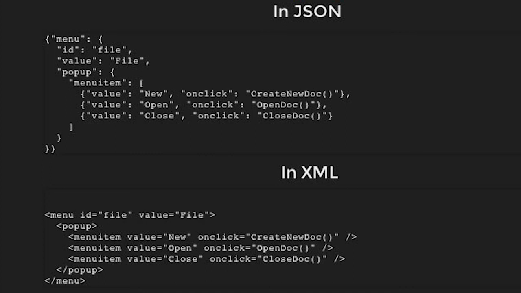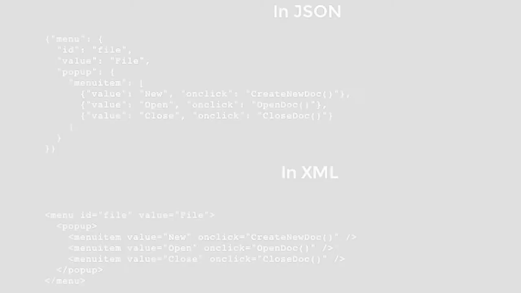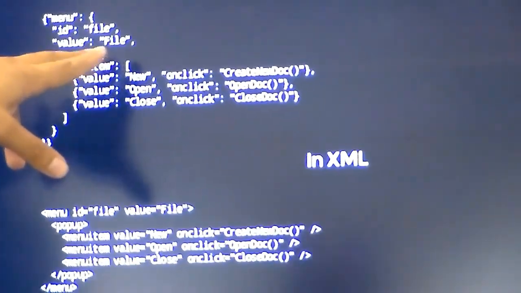In this example, I have a comparison between XML and JSON. We have a menu element and values within the element. If you want a subset of something, you have an extra layer. Essentially, this is a combination of JavaScript objects and JavaScript arrays.